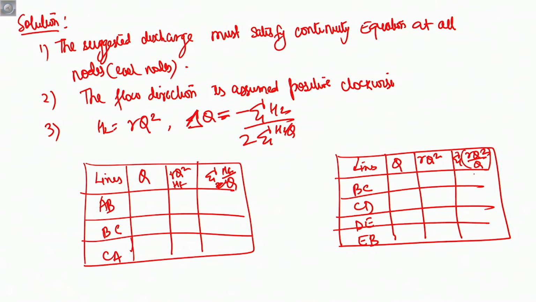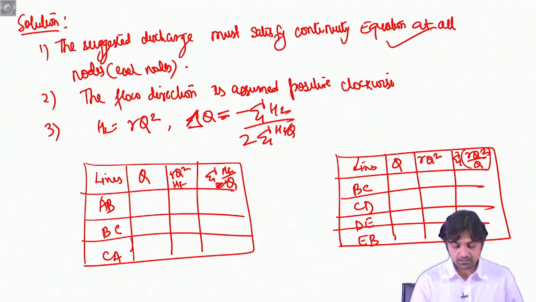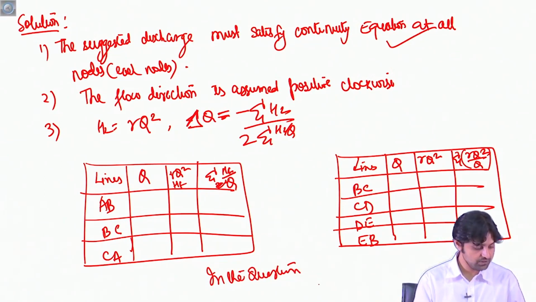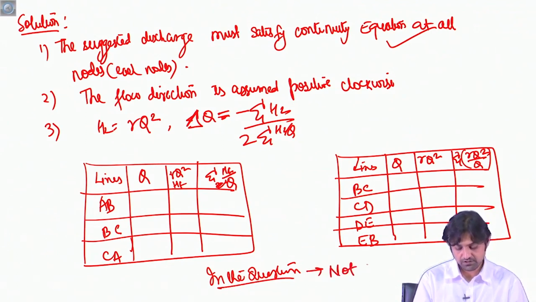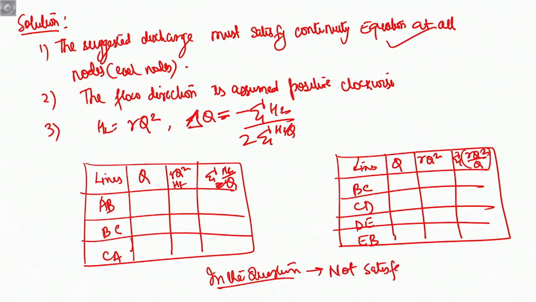In the current problem, we clearly see that the continuity equation is not satisfied at all. Therefore, if the question asks us to check if it is satisfactory, our answer is not satisfactory.